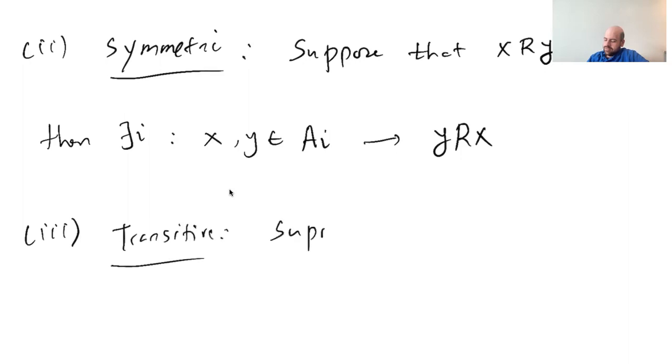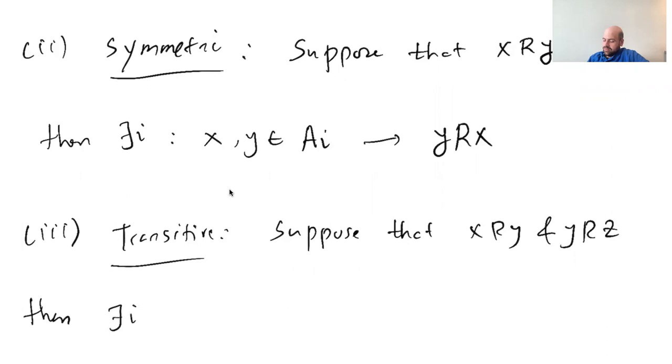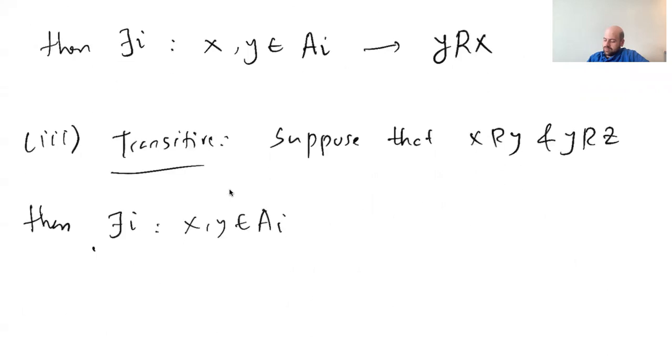So suppose that X is in relation with Y and Y is in relation with Z. Then what can we say? Then we can say that there exists some I such that X and Y in AI. Also, we can say there exists some J such that Y and Z in AJ.